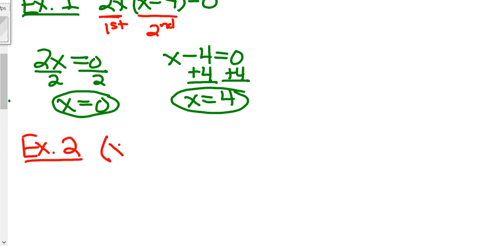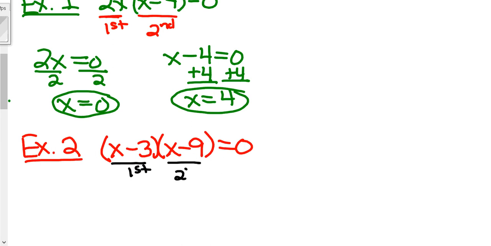Example 2 is x subtract 3, x subtract 9 equals 0. Again, these two parts are both factored already. So you got your first part here, and you got your second part. So you should have two answers. All right, so let's set up. We got x minus 3 equals 0. I'm going to solve for x.